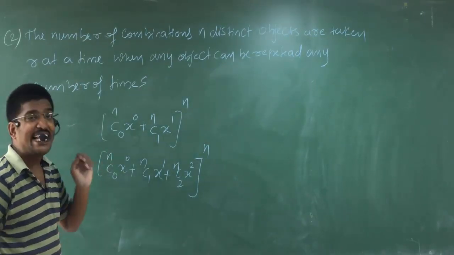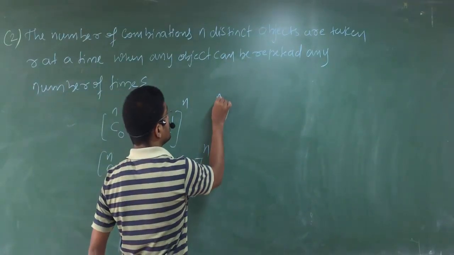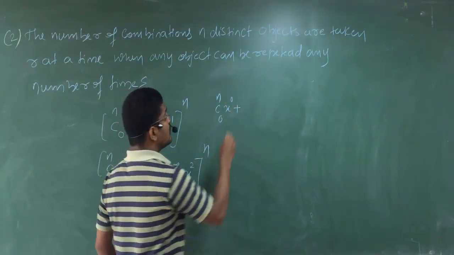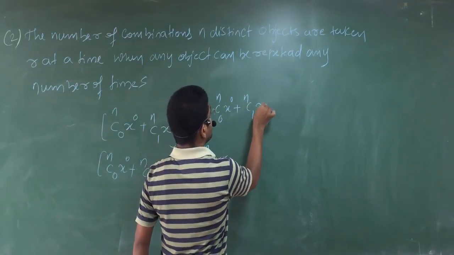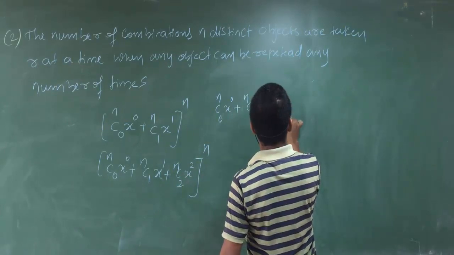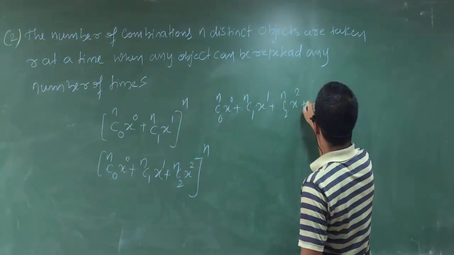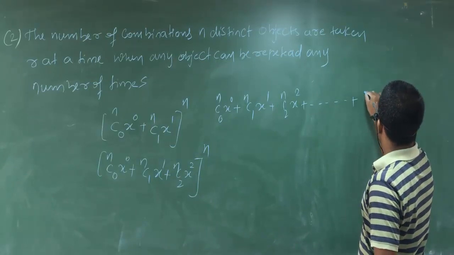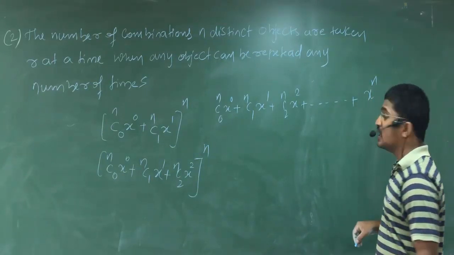If I go on calculating like this, nC0 x to the power of 0 plus nC1 x to the power of 1 plus nC2 x to the power of 2 and so on, up to x to the power of n.